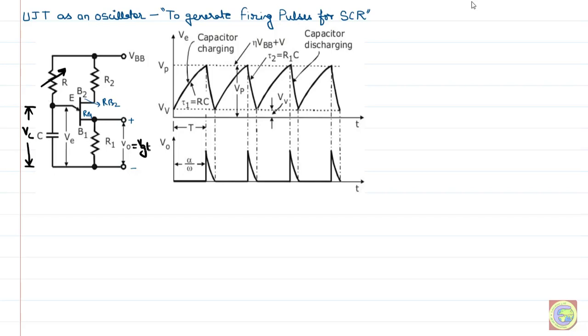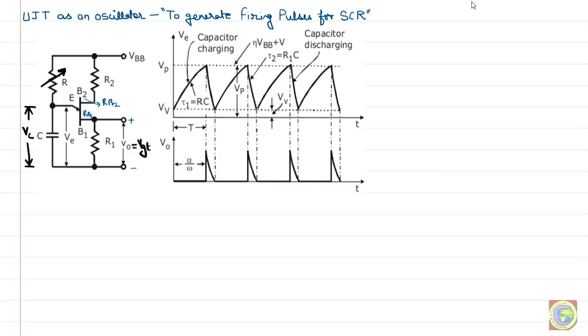So there are various parameters related to this circuit, but prior to this, when VBB is connected to this circuit, first of all the capacitor will charge through RC. So the time constant tau 1 is given by RC.